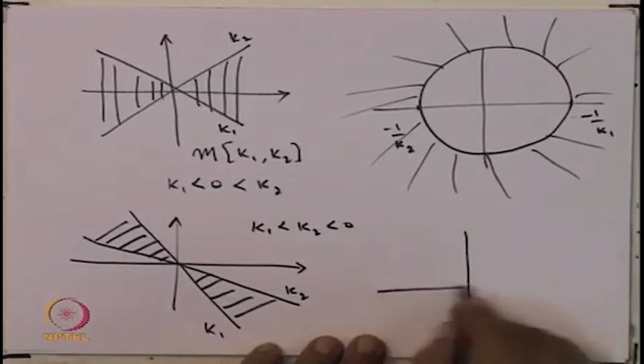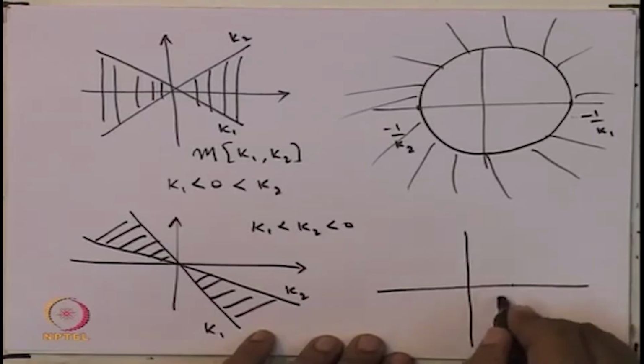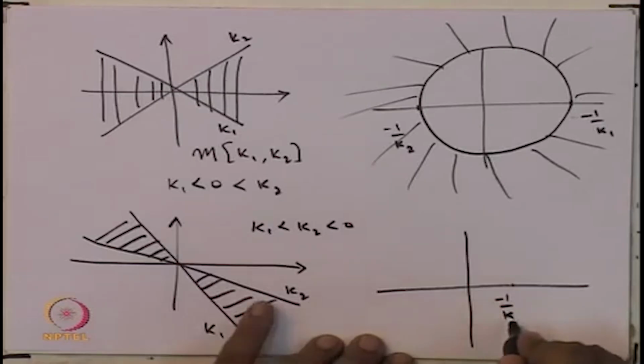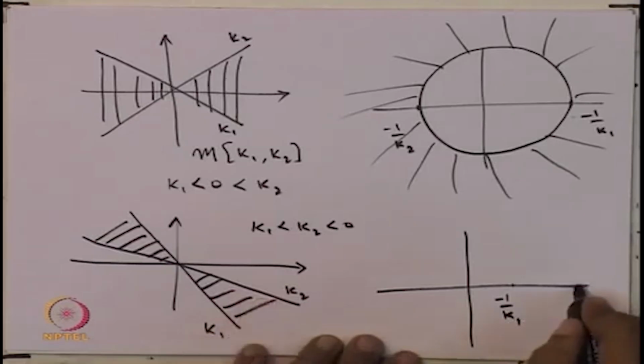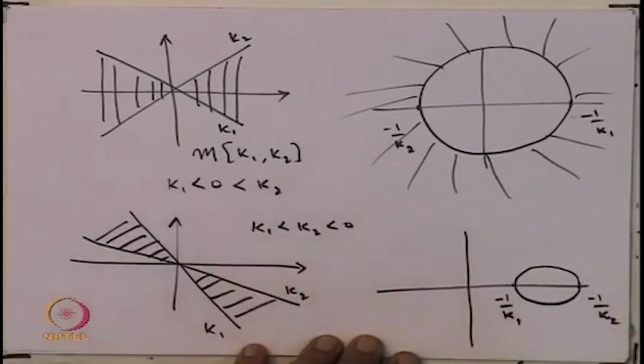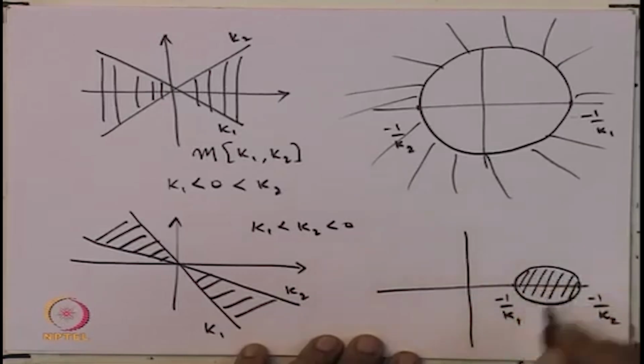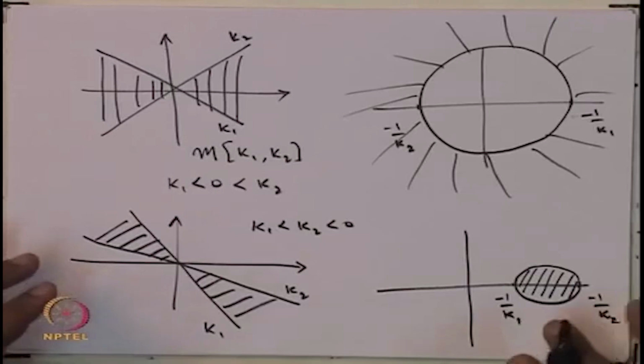Now in this case what you have is, so you'll have minus 1 by K1, and here you have minus 1 by K2, and here you have a circle, and now it turns out that the forbidden region is again the inside of the circle. Okay. So there are all these various interpretations that happen.